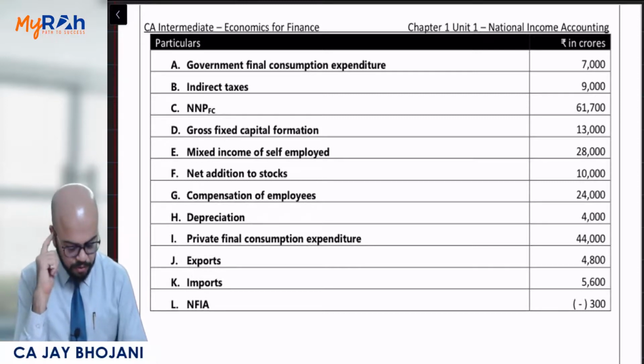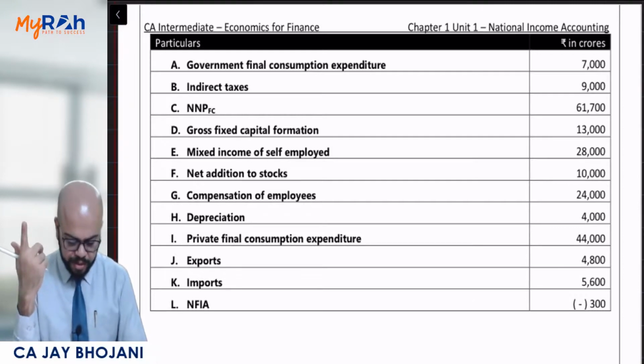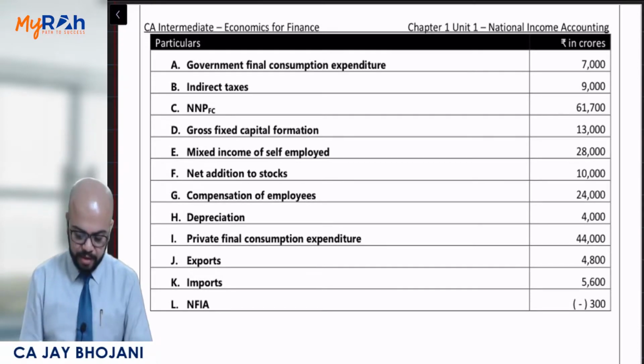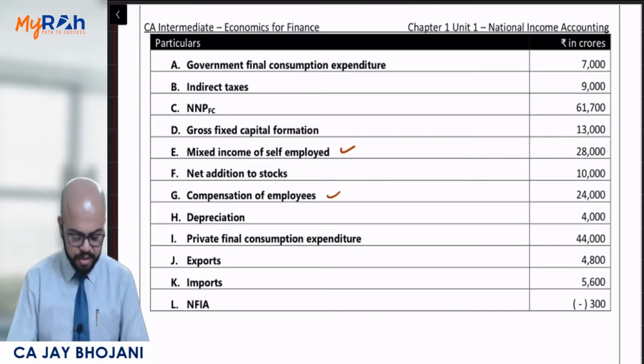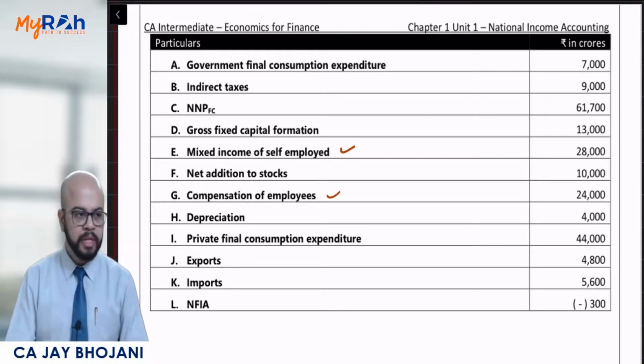Now if you notice, we have not been given the operating surplus part for the income method. We have been given mixed income and compensation of employees, but rent, interest, profit is not given. If that is the situation, we will not be able to use the income method.